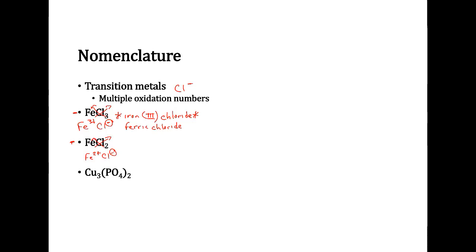So we would have iron(2) chloride, or ferrous chloride. All right, so this is how we would distinguish between transition metals where there are 2 different oxidation numbers, or this will really work for anything with multiple oxidation numbers.